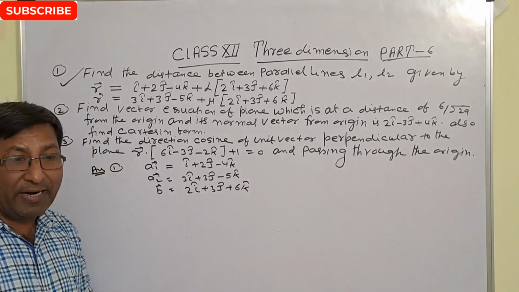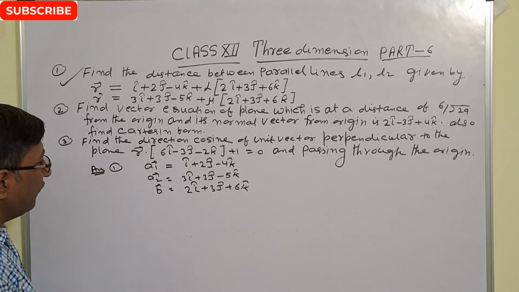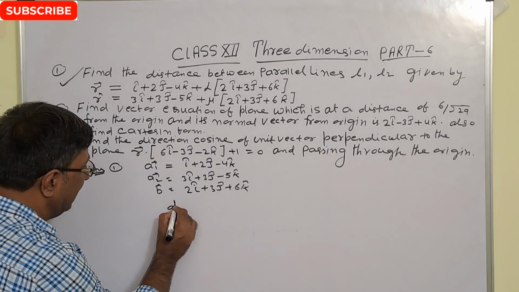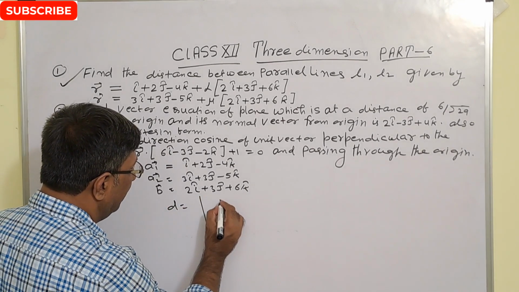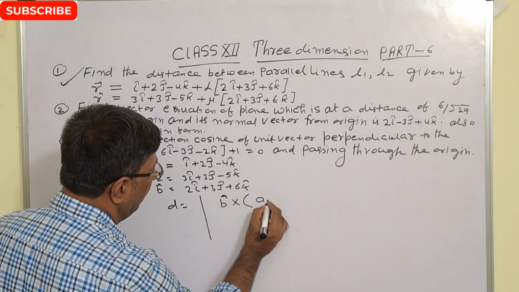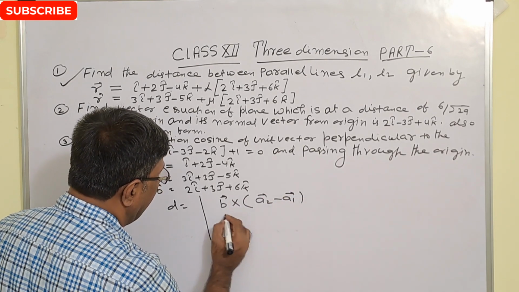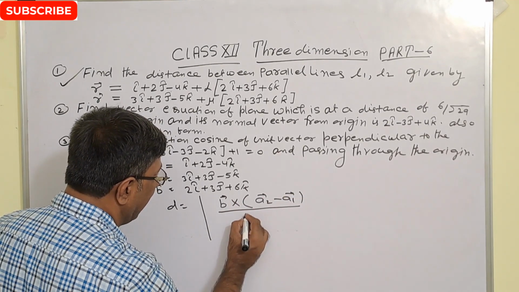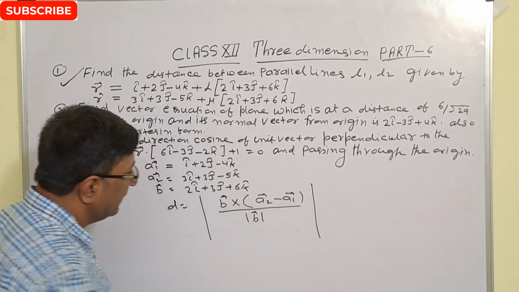We have to find the distance between these two parallel lines. So what is the formula of distance? D equal to magnitude of B vector cross (A2 vector minus A1 vector) divided by magnitude of B vector, right?